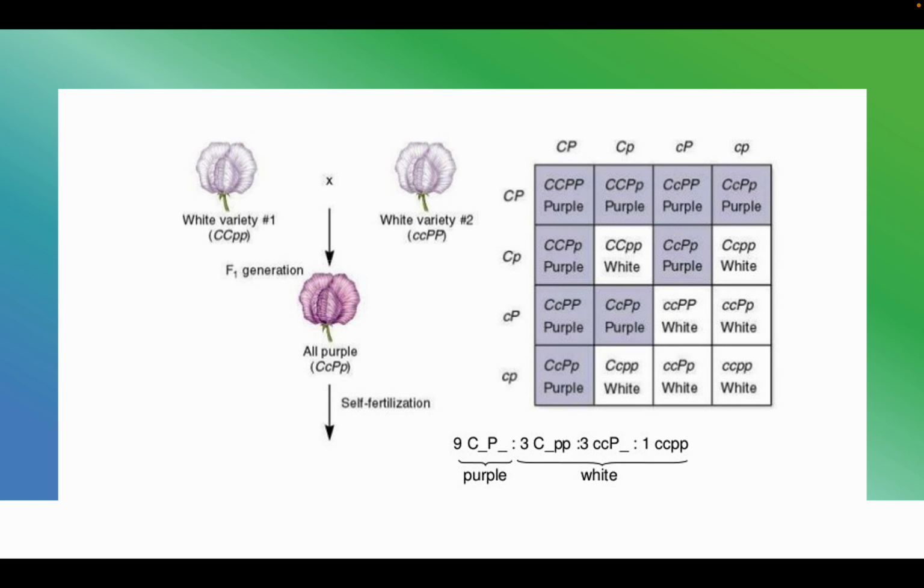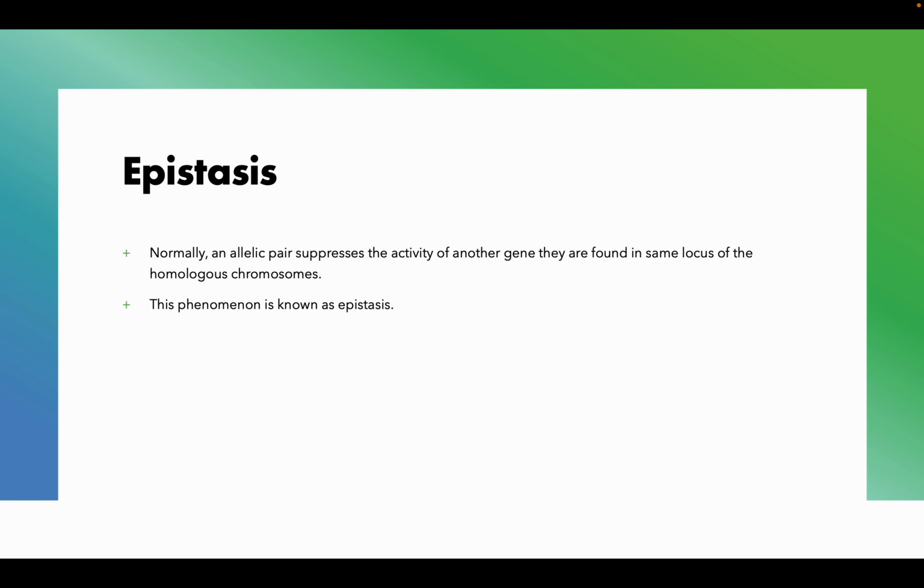Next we are going to talk about epistasis. As I mentioned briefly, an allelic pair or gene suppresses the activity of another gene. Suppose we have the flower color that we talked about.